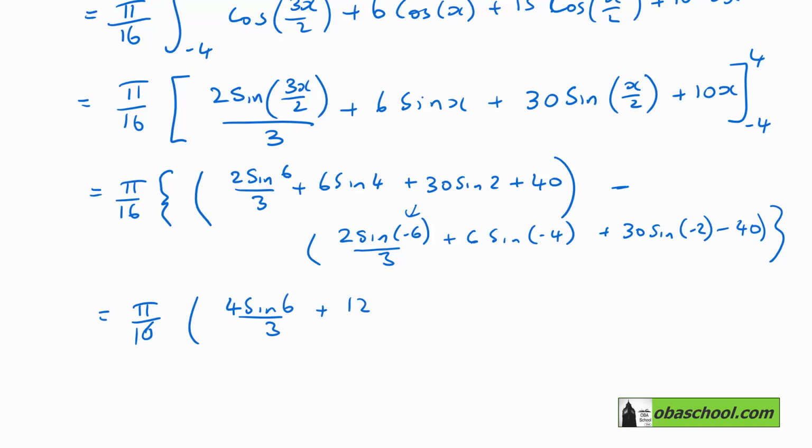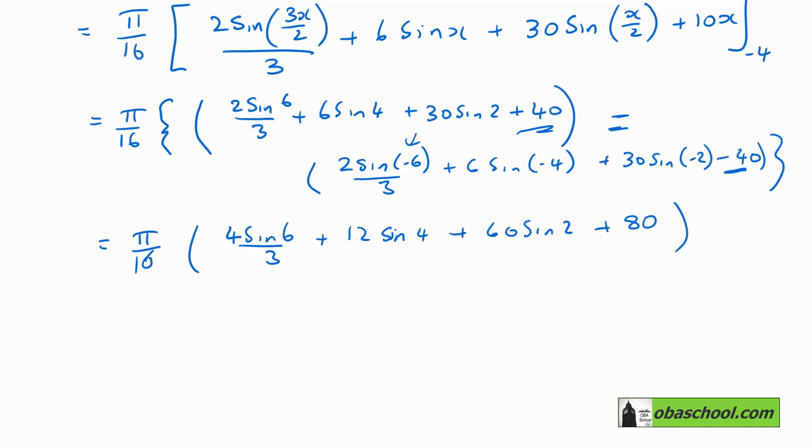And then in the same way, we'll get 12 sine 4. And then in the same way, we're going to get 60 sine 2s. And we'll get an 80 because of the 40 take away -40, just like that. And so we can now put all of that in the calculator. And we'll get 24.56 cubic centimeters to the 2 decimal places required.